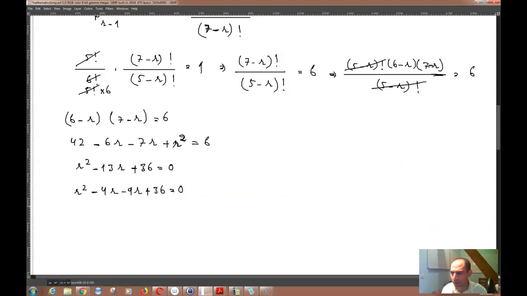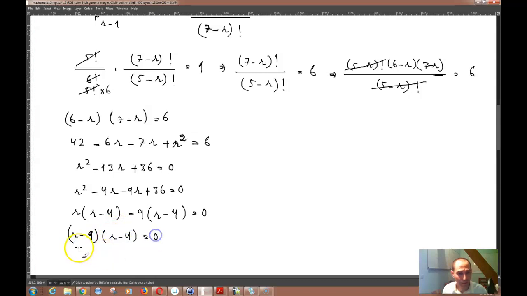And so r times r minus 4 minus 9 times r minus 4 is equal to 0. That means r minus 9 times r minus 4 is equal to 0, which means that r is equal to 9 or r is equal to 4.